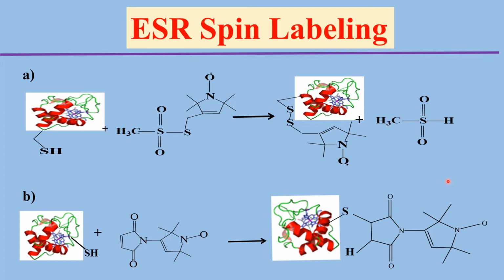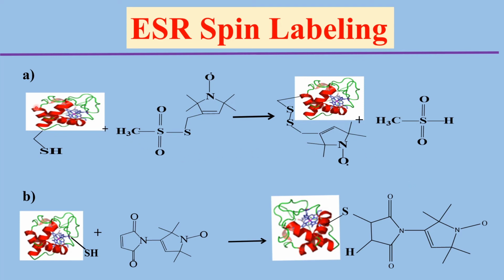relaxation time. We have studied T2. At the Medical College of Wisconsin, they have developed an ESR saturation recovery instrument to calculate the spin relaxation time and spin-lattice relaxation time.